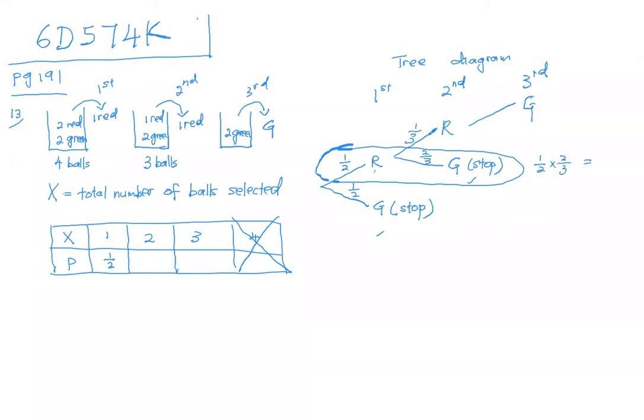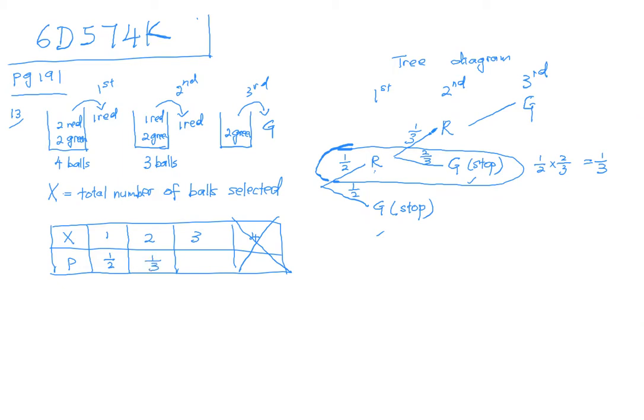That is 1/3. Are you okay? How to get the probability for each outcome from the tree diagram? So the answer is 1/3 here.